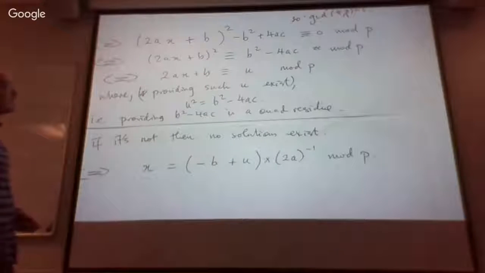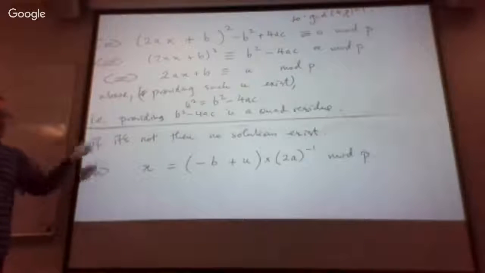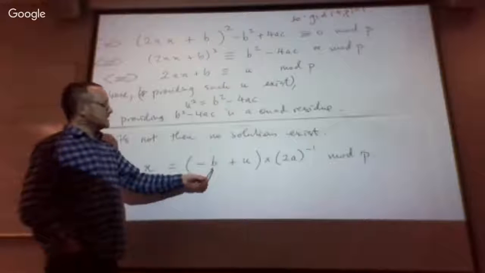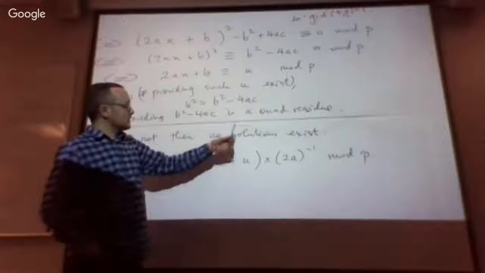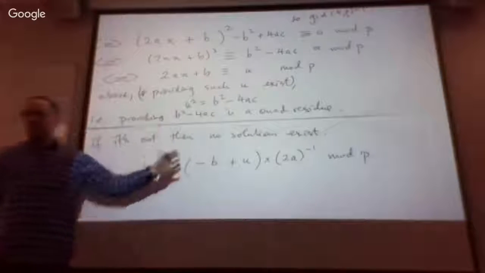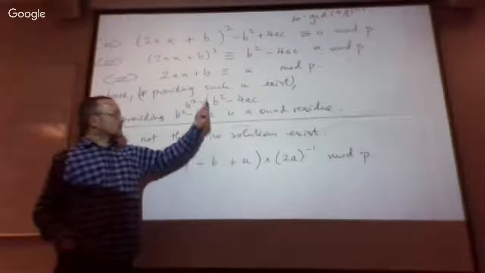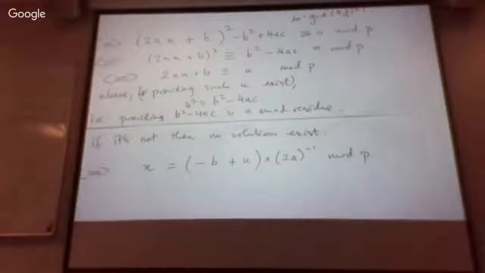And this is the quadratic formula for congruences. It's a similar thing to what you recognize for equations: minus b plus this u, which is the square root of b squared minus 4ac, divided by 2a. Except in modular arithmetic, we prefer to phrase it like this: minus b plus a square root of b squared minus 4ac multiplied by the multiplicative inverse of 2a.